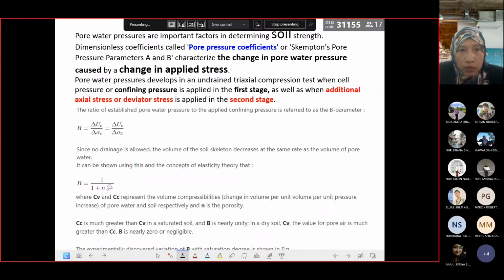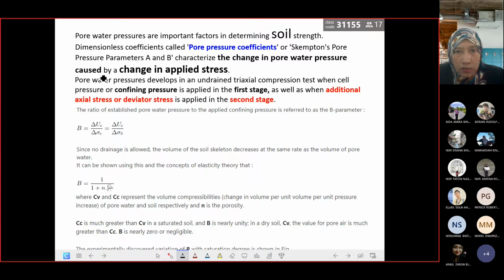So, apa yang you akan dapat from here is that the pore pressure parameters A and B characterize the changes in pore pressure caused by the change in applied stress. So, bila you kenakan perubahan tegasan, you akan ada the effect is the changes in pore water pressure. Selalunya dia berlaku dalam consolidated undrained ataupun consolidated drained conditions.